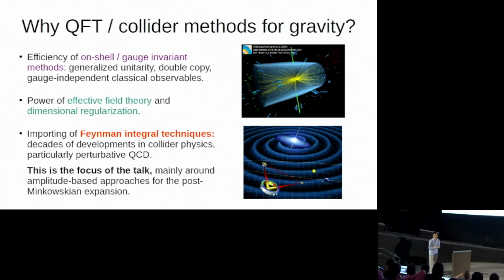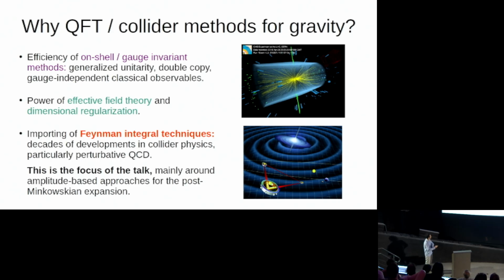I cannot really pin down exactly one reason. There are several. There's the inherent efficiency of on-shell methods, like generalized unitarity and double copy, the power of gauge invariant methods, like focusing on gauge independent scattering observables. We benefit from the power of effective field theory and the magic of dimensional regularization.